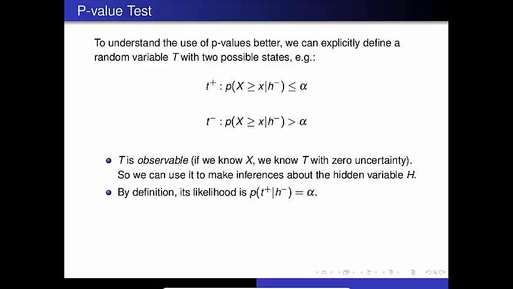The one thing that hopefully is clear from the definition of our variable t is that, by definition, the probability of getting t plus given H minus is just alpha, because that's where we set the cutoff, right? We set that probability to be alpha. Okay, so now we can plug this into our Bayesian framework for asking questions about the probability of H minus.